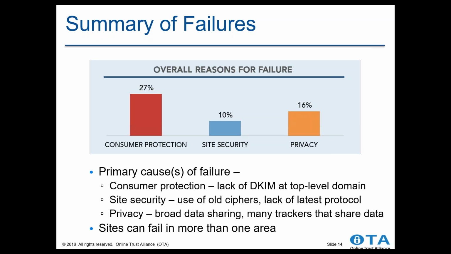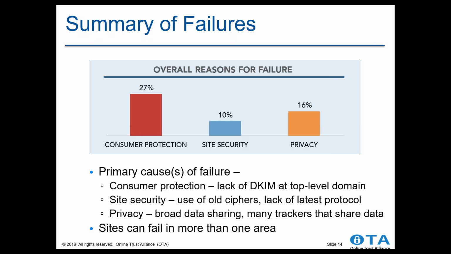In site security, there weren't a lot of failures, but where they existed, we tended to see that they were either using old ciphers or they weren't supporting the latest, safest protocols, and that's what caused their failure. And then in privacy, the overall average was 16%, but I think in the news category it was closer to 60.